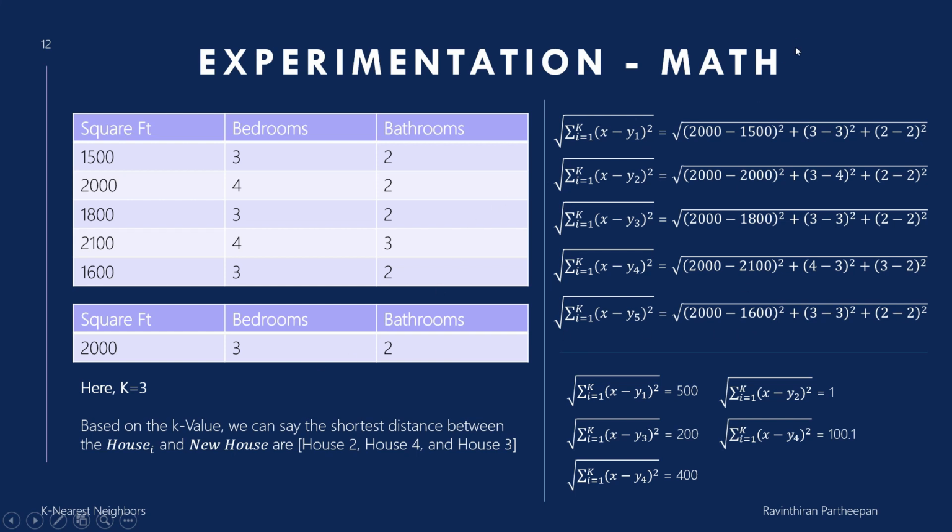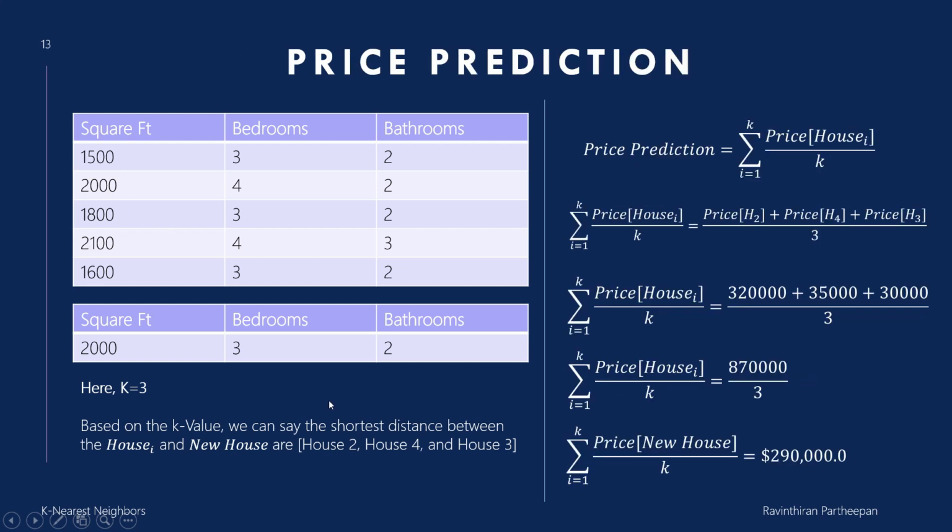Based on the shortest values, the second, third, and fourth instances have the shortest distances. So we will consider house 2, house 3, and house 4, and based on these we will get their prices.